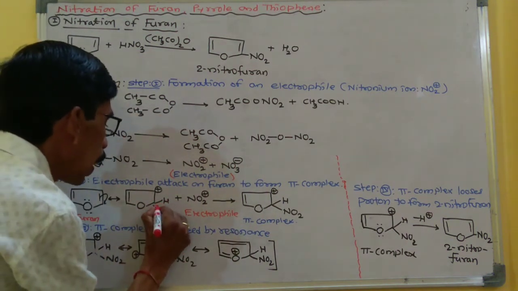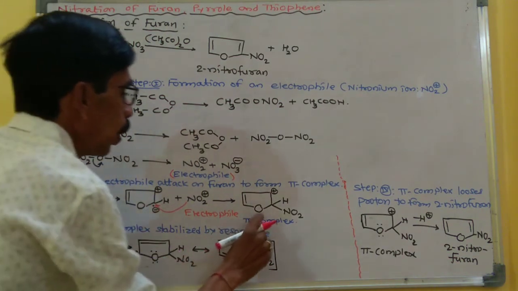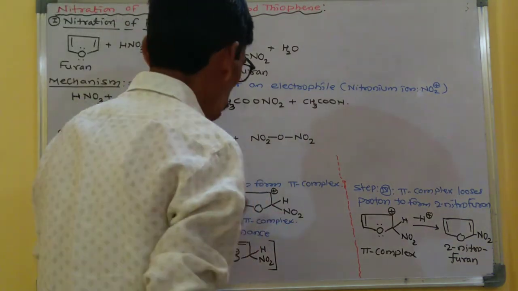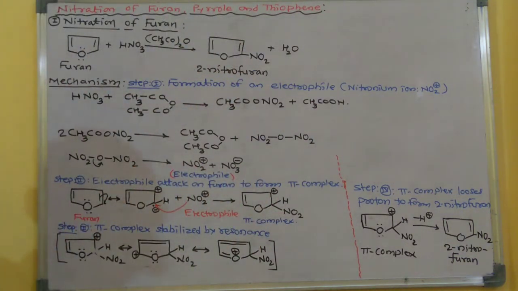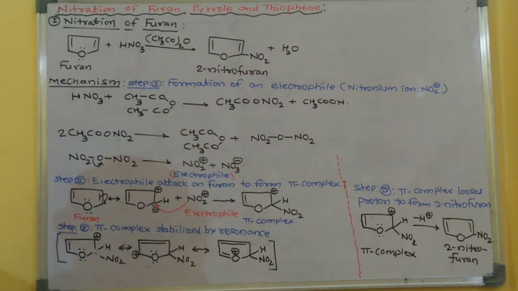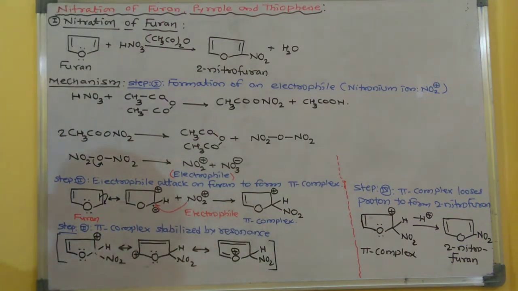Now this negatively charged carbon combines with the electrophile to form a pi complex. So this is the second step, formation of the pi complex. Now this formed pi complex is stabilized by resonance. That is the third step, pi complex stabilized by resonance.